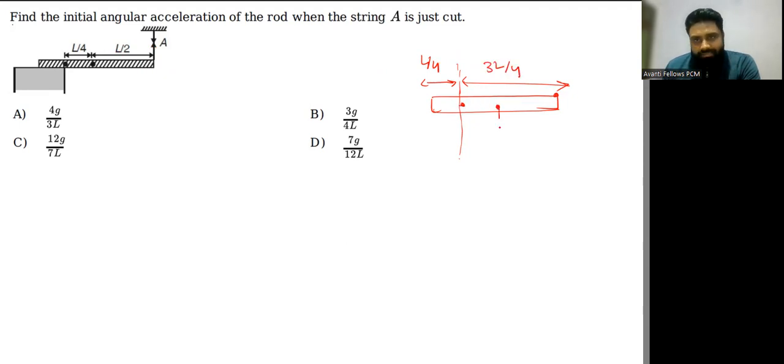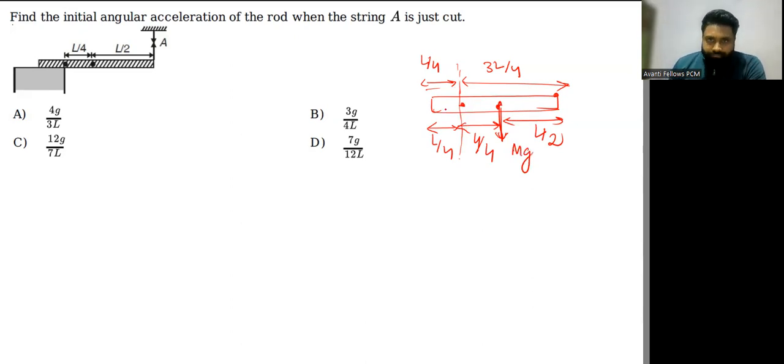The weight is acting just in between. So this dimension is L by 4, this dimension is also L by 4, and this dimension is L by 2, which is given in the question. The weight force will always act at the center of the rod, which is mg. Now, this is the perpendicular distance of this force from the axis of rotation.